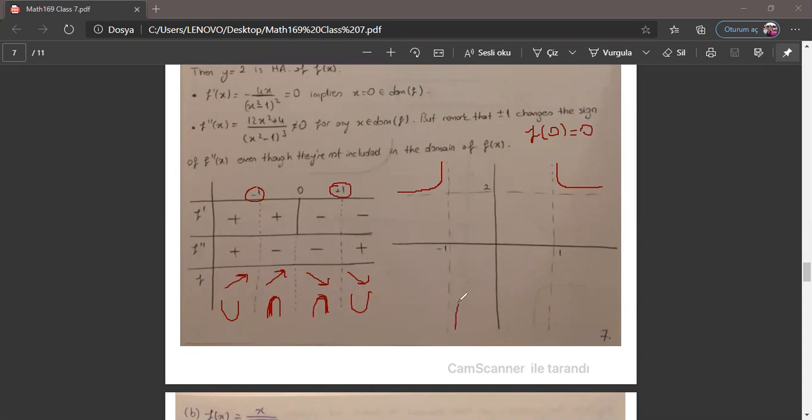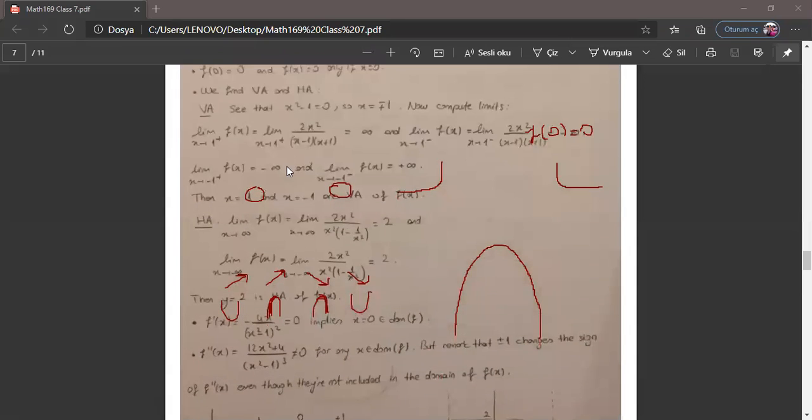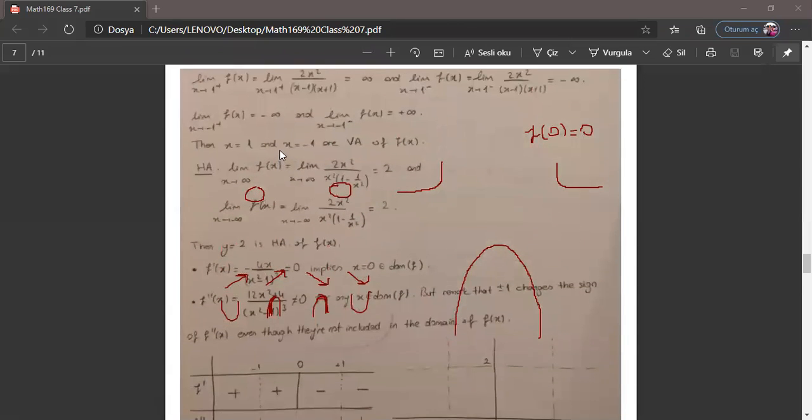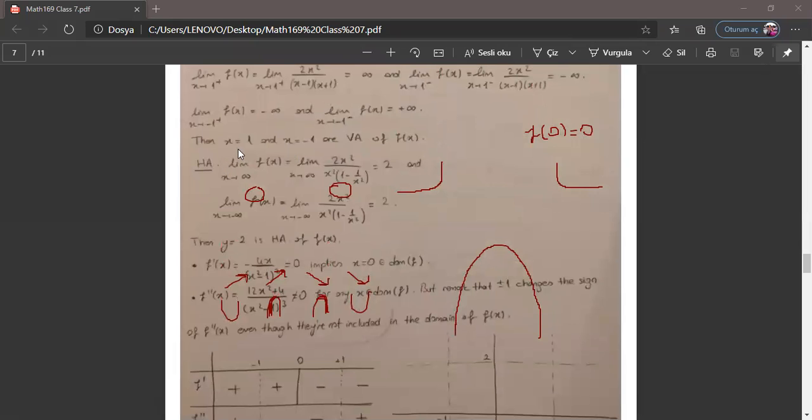So we have this parabola now. As you see again, here we're approaching minus 1 from left, and we get minus infinity.